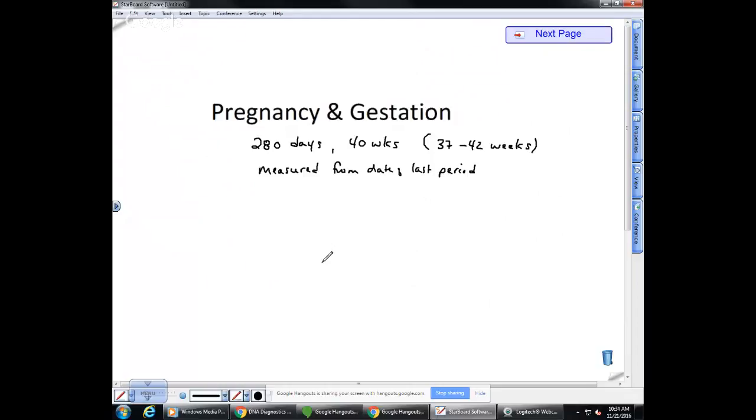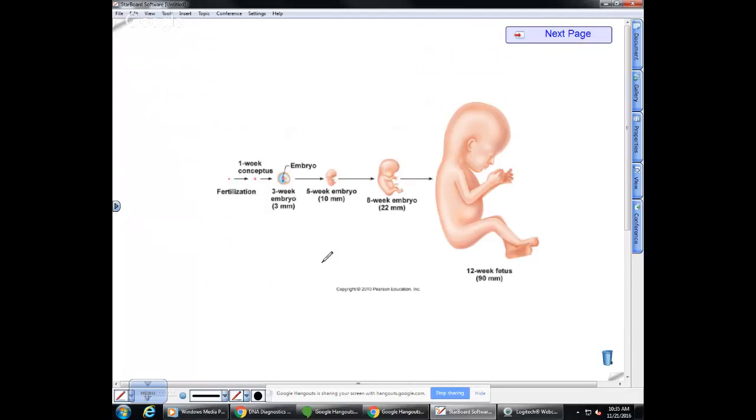Okay. So when we look at the pregnancy, we can talk about the different stages. At 1 week, they call the embryo the conceptus. Okay, so I'm going to write that down. 1 week is the conceptus.